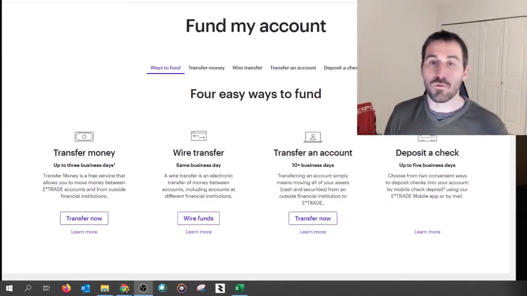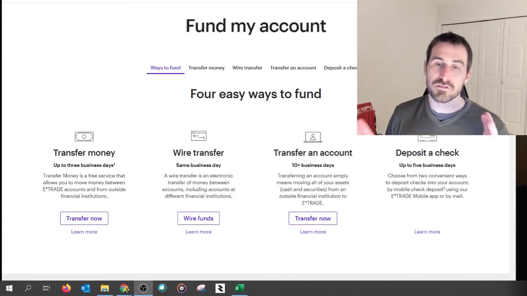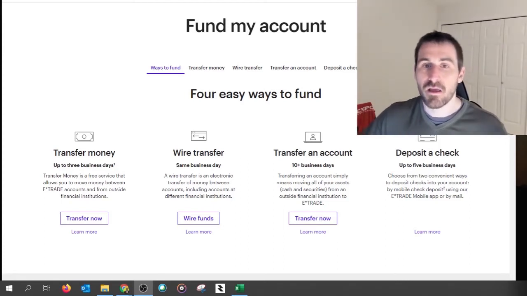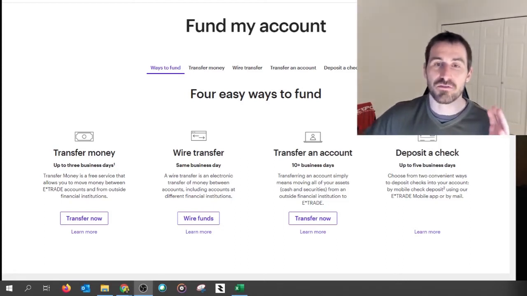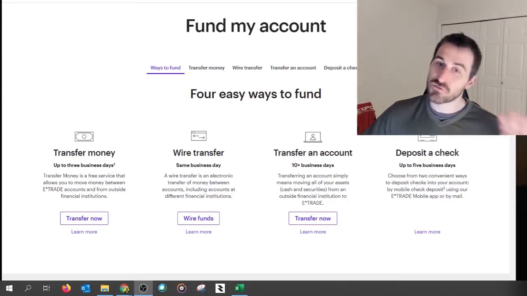You're going to want to determine how much money you're willing to invest, and then put that into the account. There are a few ways you can go about doing that. The first is, of course, you can link up a checking or a savings account. You can also wire transfer, and that's nice because it's available the same day. You can also transfer an account, say you're coming from a different broker.